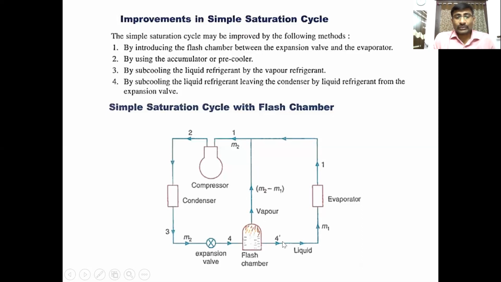In place of the total refrigerant entering the evaporator, we separate the vapor from the liquid, and only the liquid part enters the evaporator. Thereby we can reduce the evaporator size. Clear? It is one of the advantages of maintaining the flash chamber before the evaporator.